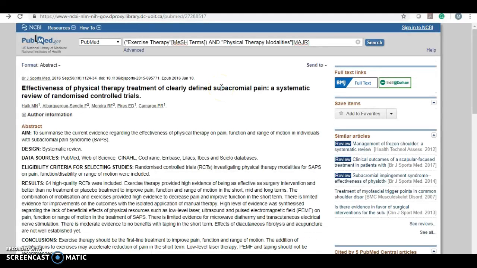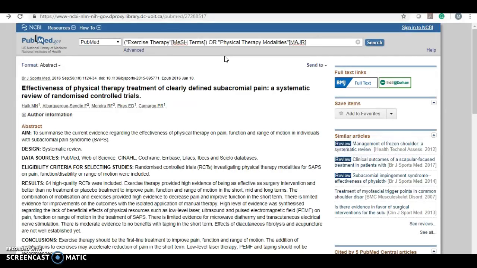The final thing that should be mentioned about this part of the search is that when I pressed to add both MeSH headings to the search, they pop up on the top bar here, but we should erase the AND between them and put OR in instead.